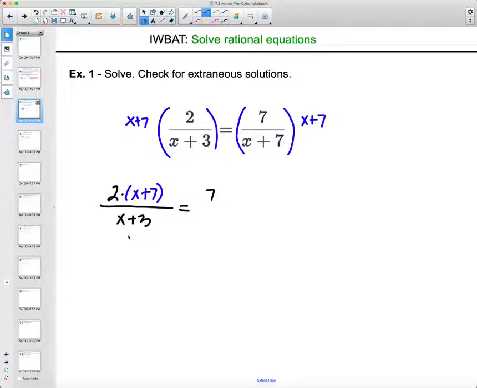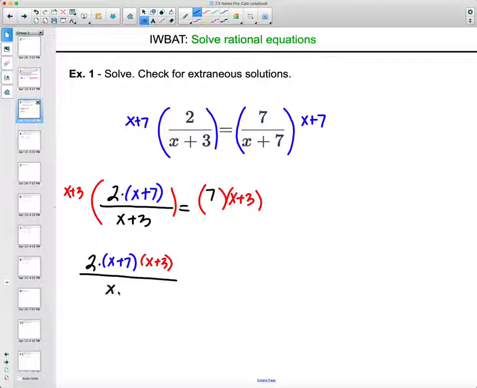Then we want to get this x plus 3 out of the denominator. So we're going to multiply the left side by x plus 3, and we're also going to multiply the right side by x plus 3. Over here, we would end up with 2 times the x plus 7 and you'd have that x plus 3, and then divided by x plus 3.